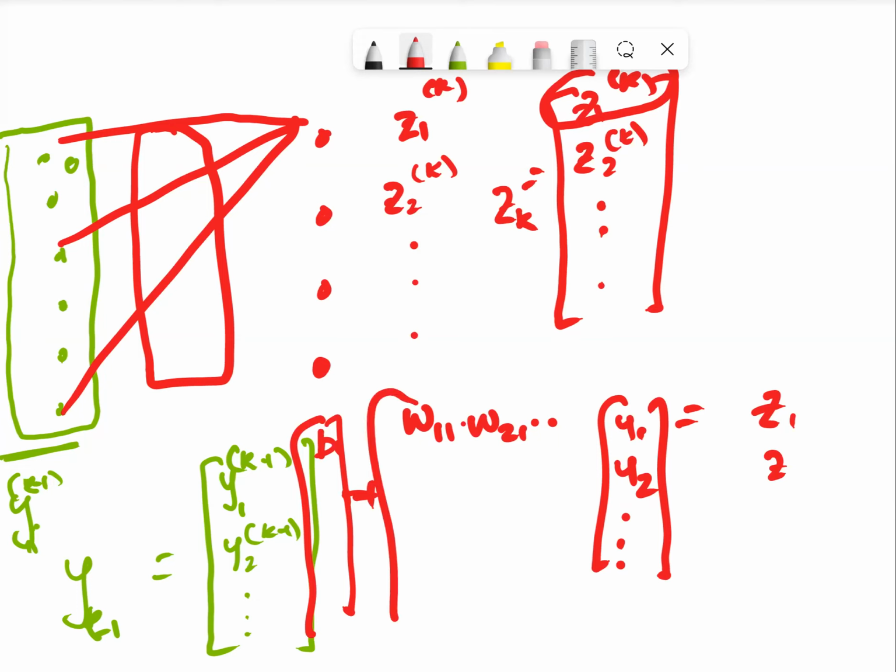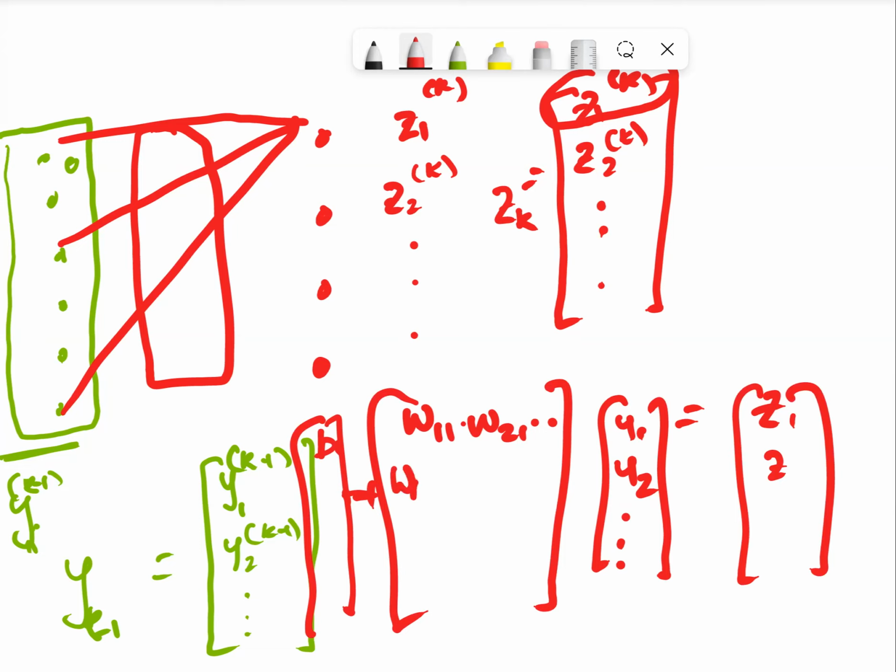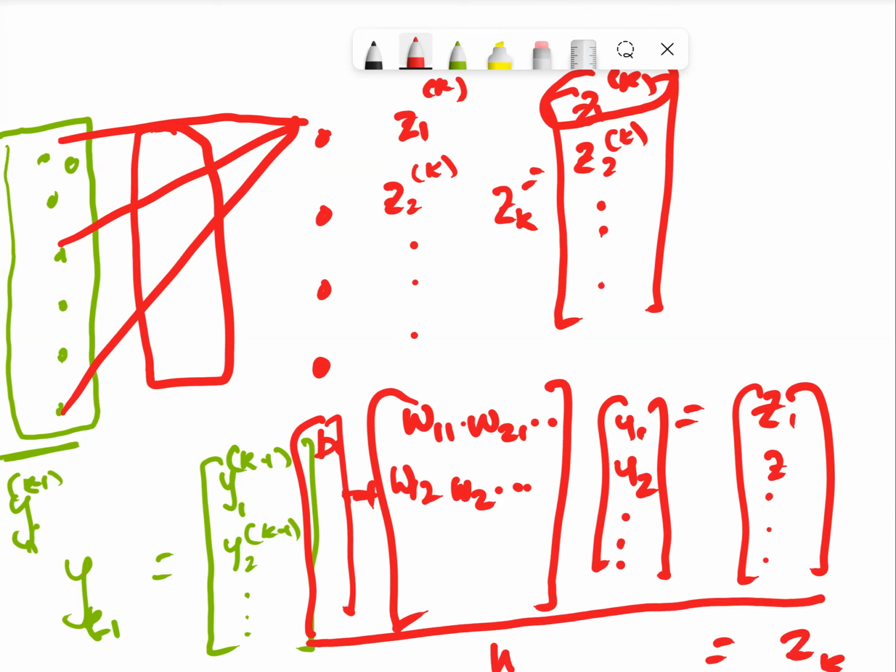Similarly, I can write z_2 equals w_12, w_22, and so on, times all of these. When I write the entire thing down, I end up with this vector formulation, which says z_k equals W_k, the weight matrix for the kth layer, times y_{k-1} plus b_k.